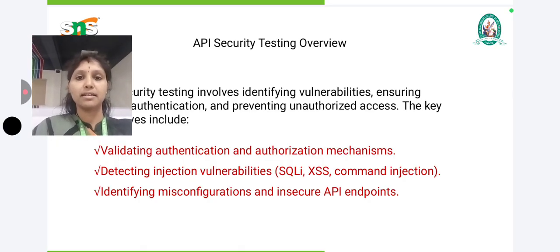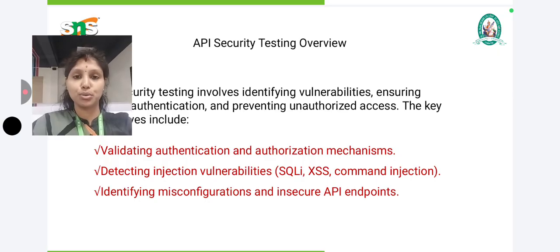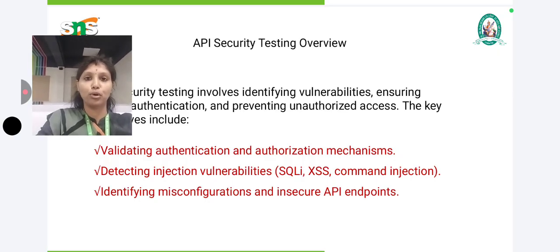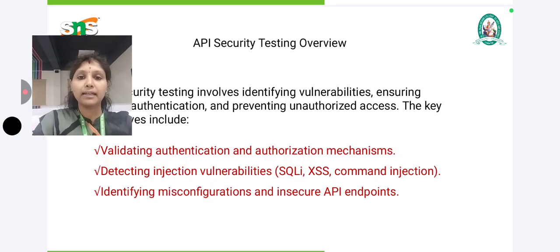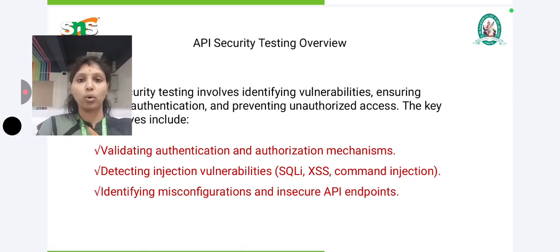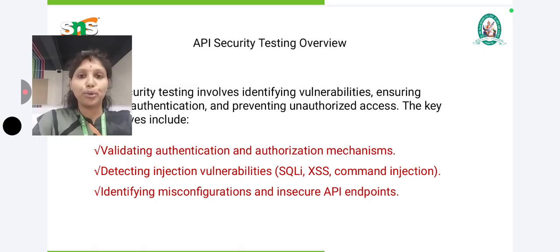The SQLi is mainly for the database attacks, and then XSS, cross-site scripting, web application issues all happen because of the XSS attack, and then command injections, the command line injections, get to be a problem because of the command lines we are going to process in order to secure the web applications.